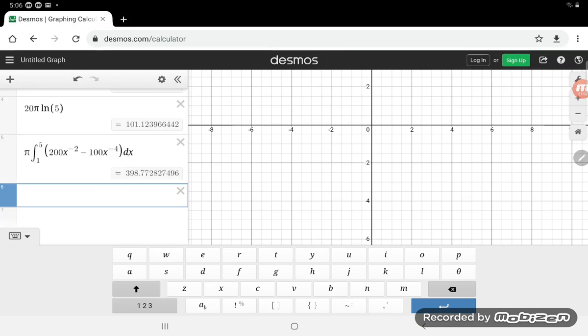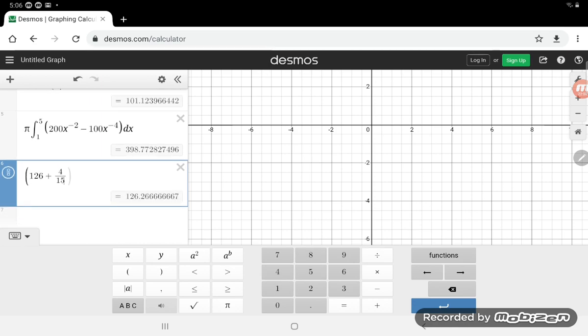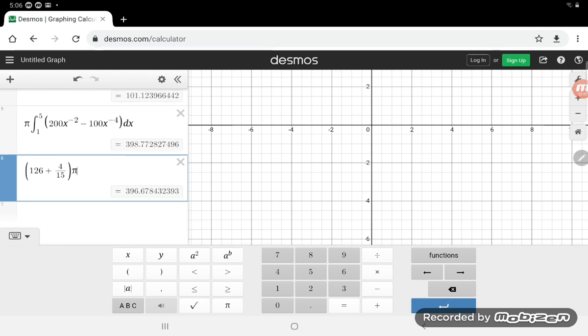So if I take 126 plus 4 divided by 15, and then multiply that by pi. Interesting. So those are really close. Boy, there's a good question. So did we get the right answer?